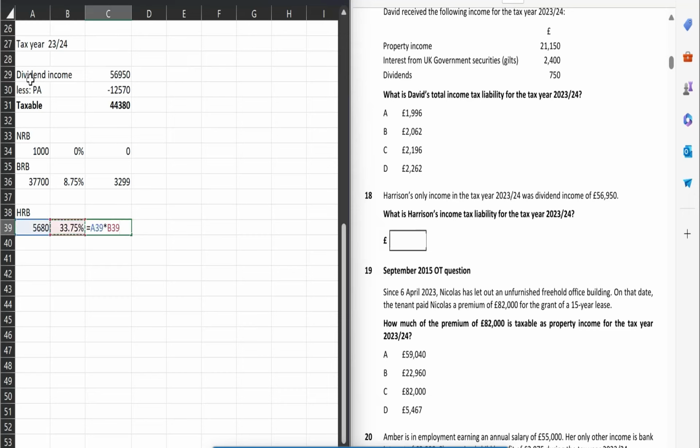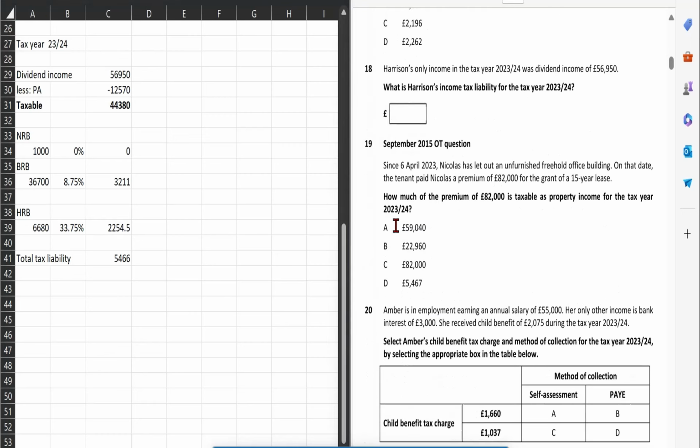Multiplying these, our total tax liability for Harrison is 5,216. Sorry, I made a mistake. This 1,000 band has been consumed by the nil rate band, so it will be 36,700. Yes, now it's perfect.